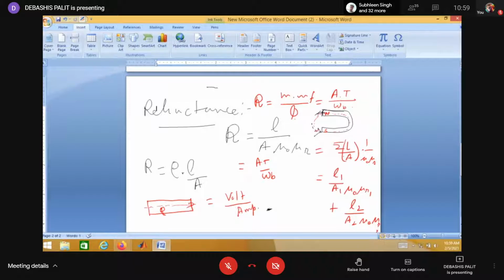Where there is sharpness, the surface area is quite low, so the flux density at the edges is much higher. At the center it is quite less dense, and toward the edges the flux density is more. That is the fringing effect of the sharpness, because flux density is defined as flux per unit area.